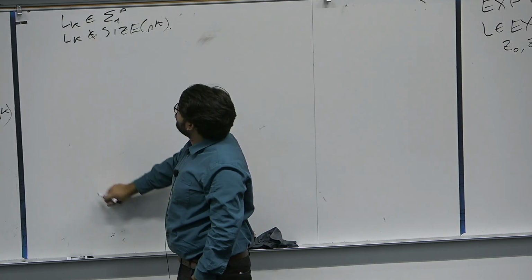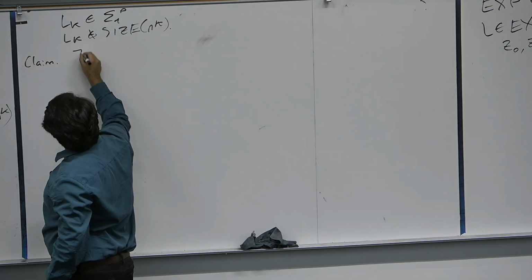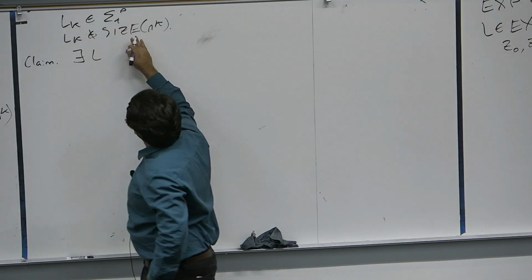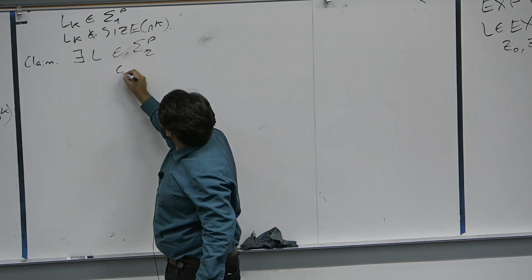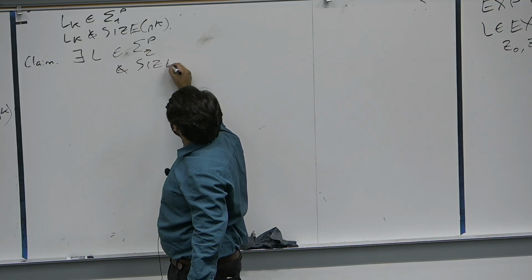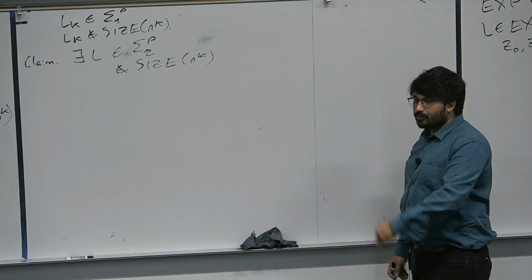I claim, here's the claim. There exists an L such that L is in sigma 2p and L is not in size n to the k. Okay? We can improve this to sigma 2.